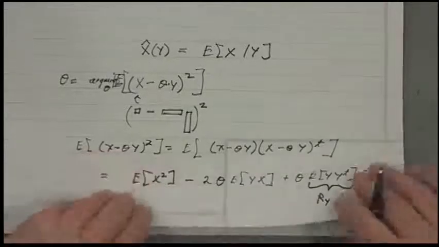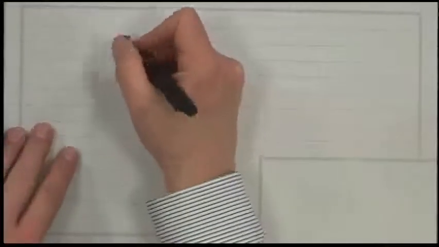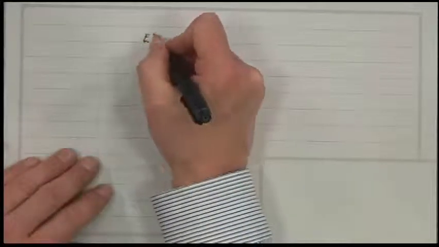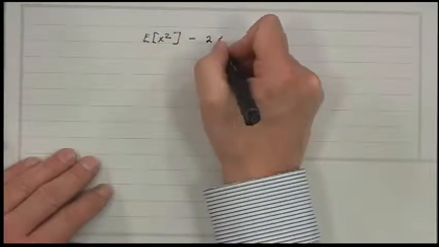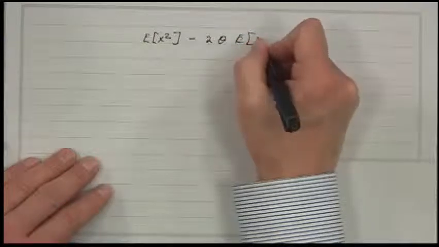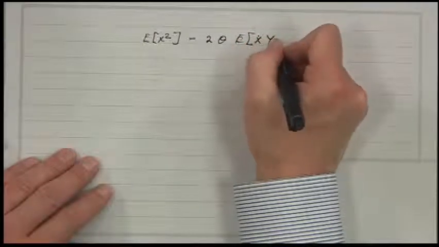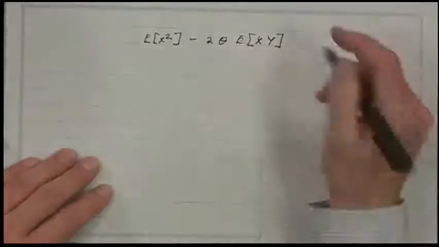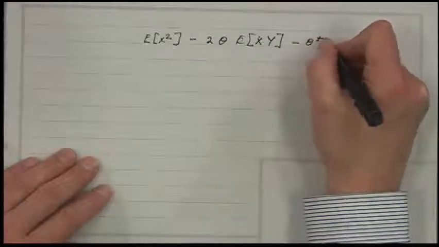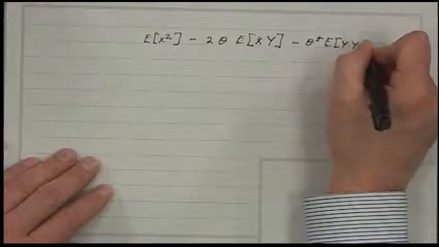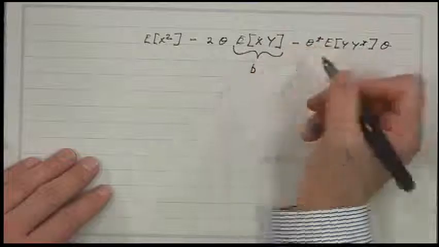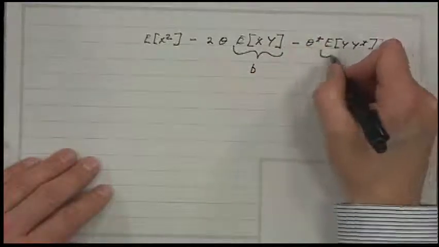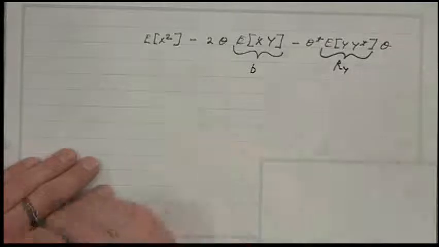So this function is the expected value of x squared minus 2 times theta times the expected value of xy. I can do this either way because that's a scalar, so I can multiply on either side. Plus theta times the expected value of y y transpose times theta transpose. This thing here I'm defining as b, and that thing there I'm defining as R sub y.